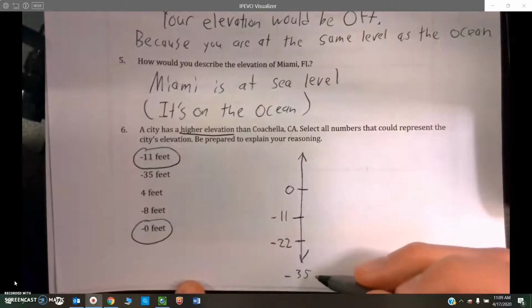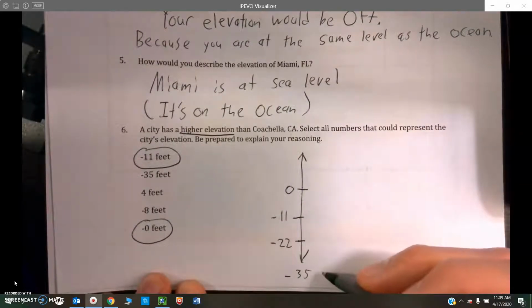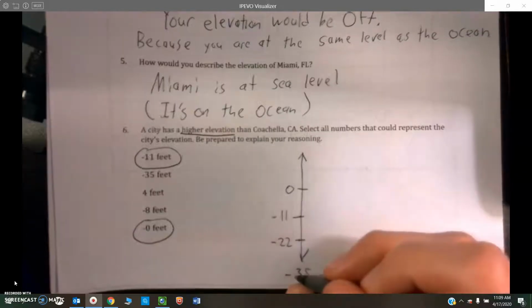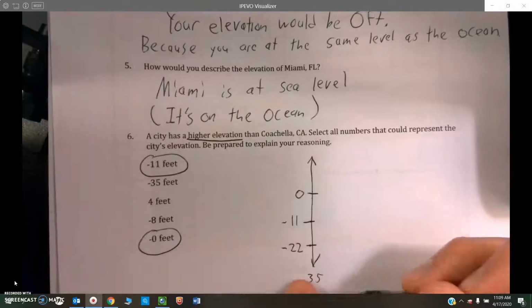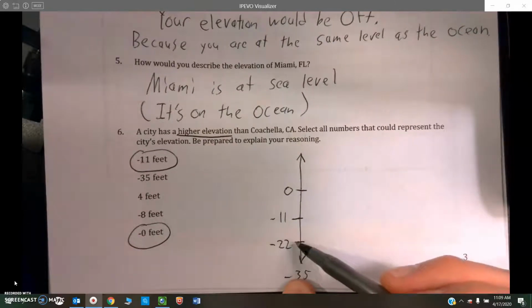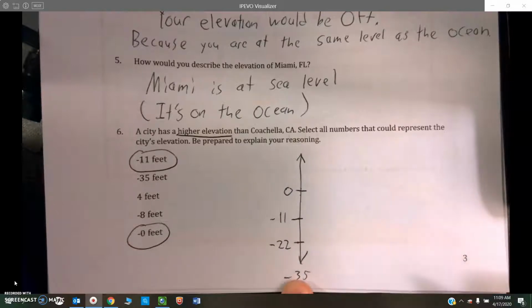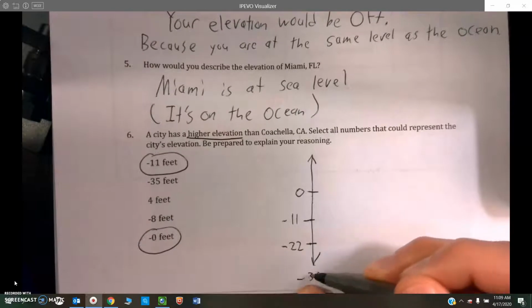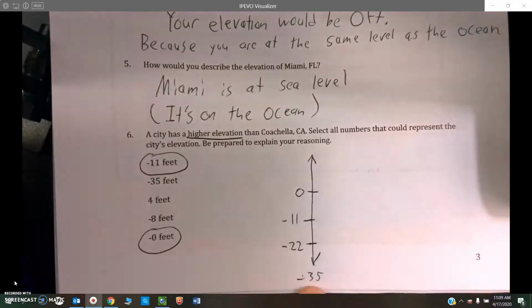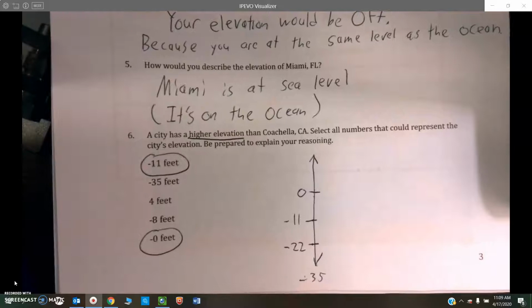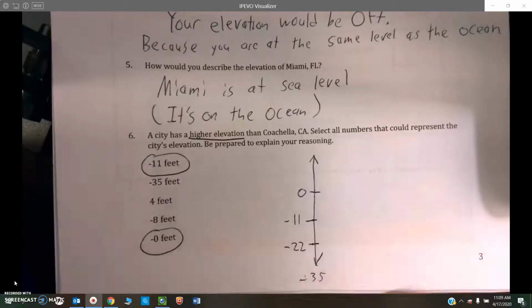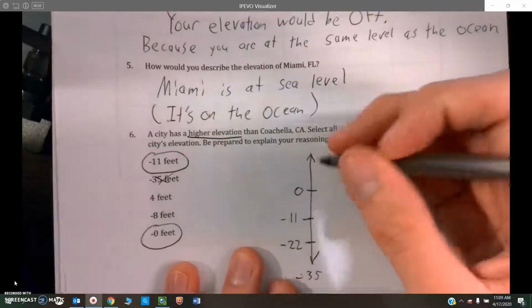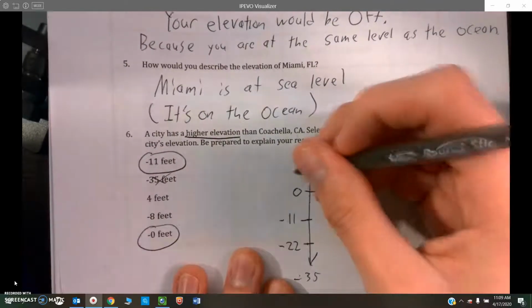So that's even lower. That's not higher than negative 22, that's lower. So typically we think of 35 as being bigger than 22, but negative is like the opposite. The larger the number is for a negative, the smaller it really is, or the lower it really is. So negative 35, no dice. 4 feet is definitely higher. If here's sea level, 4 would be up here.